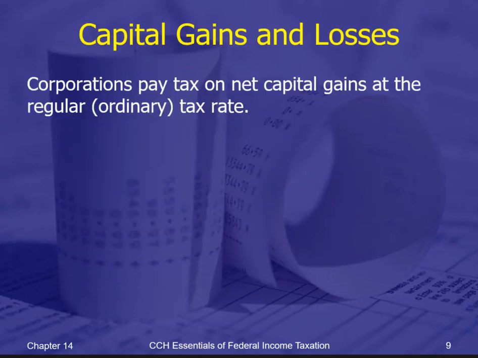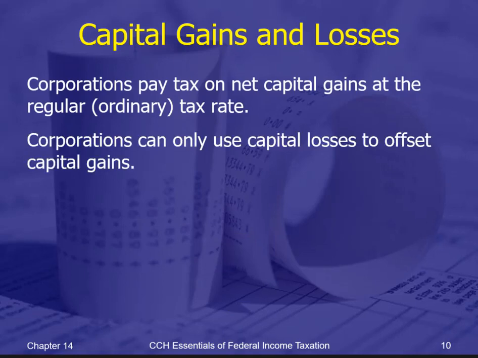Now, one of the things that sets corporations apart: we learned that capital gains and losses back in Chapter 10 are special and have a different tax rate. That does not apply to corporations. Capital gains are just like any other income, and capital losses can only offset capital gains. Remember, individuals can deduct up to $3,000 and so forth, and there's some special stock that allows for higher deductions.